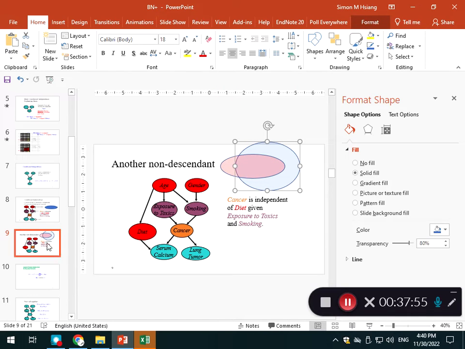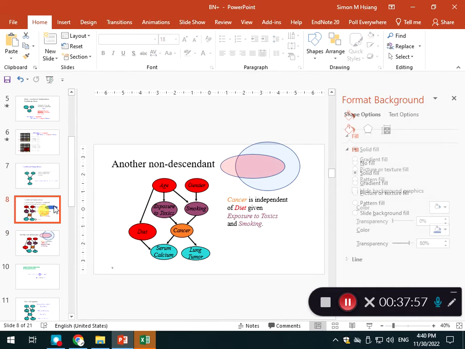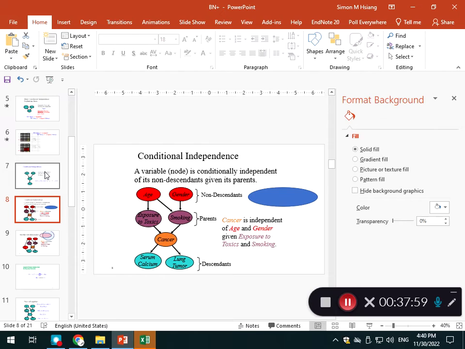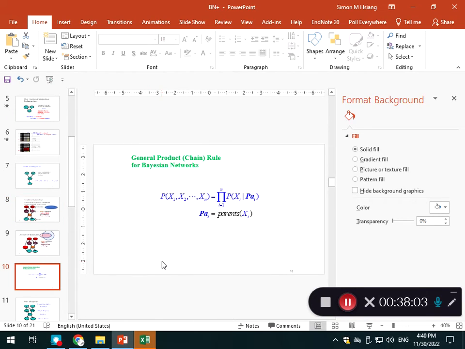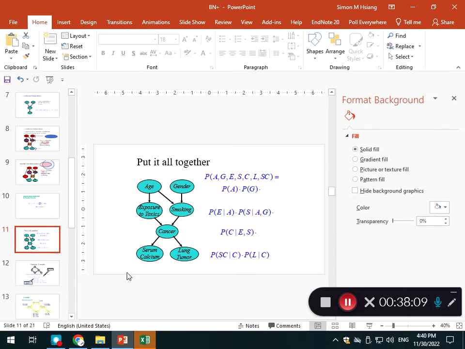By saying this, people were trying to figure out how to block them one by one. And why do we want to block them one by one? So we can use the chain rule. If we use the chain rule and put everything together, what is the joint probability?